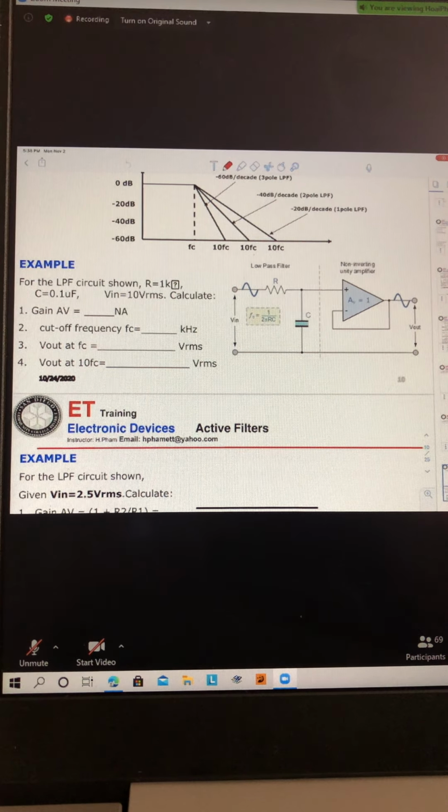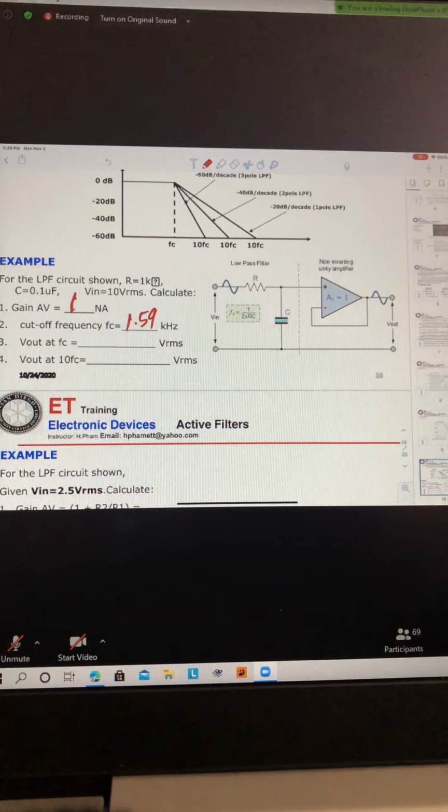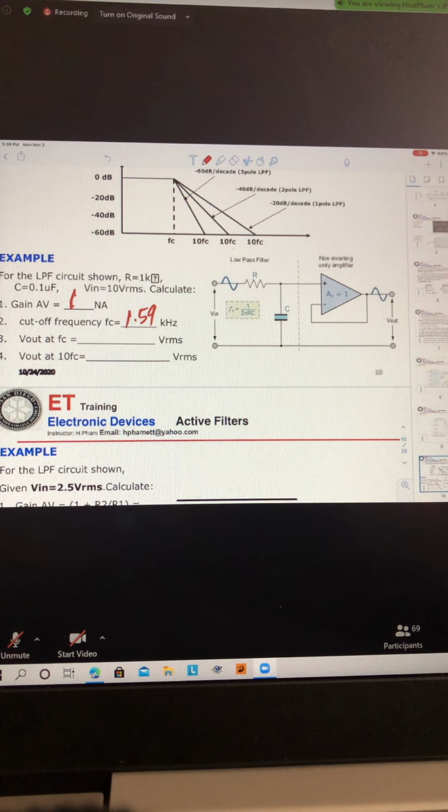What's the cutoff frequency? 1.59, right? Yes, sorry. Okay? VL after cutoff will be, is it right? 7.07 volts.